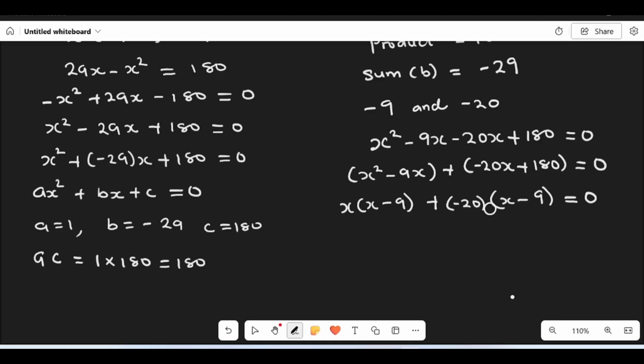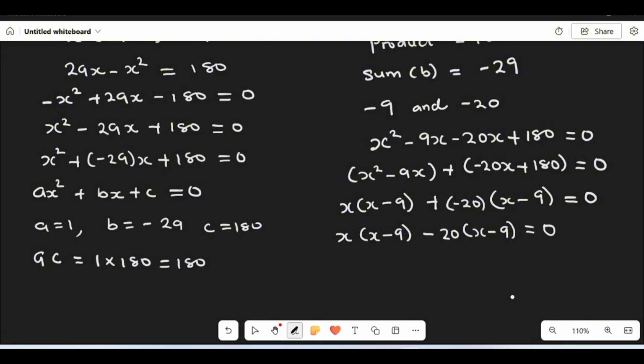This expression can be written as x(x minus 9) minus 20(x minus 9) equal to 0, because positive multiplied by negative gives negative.